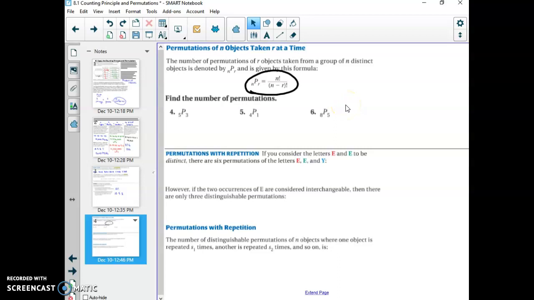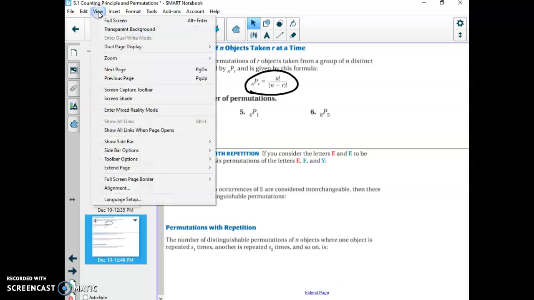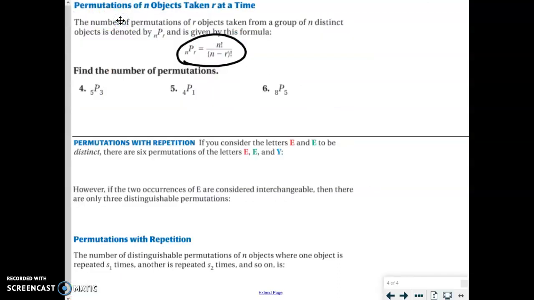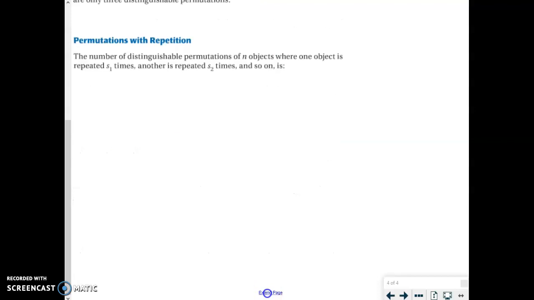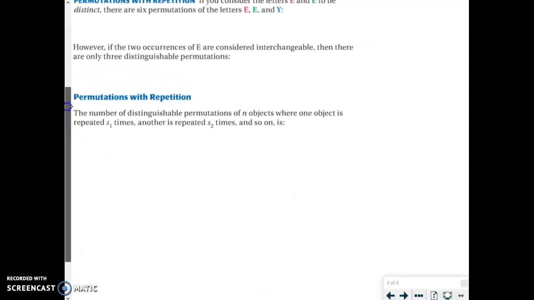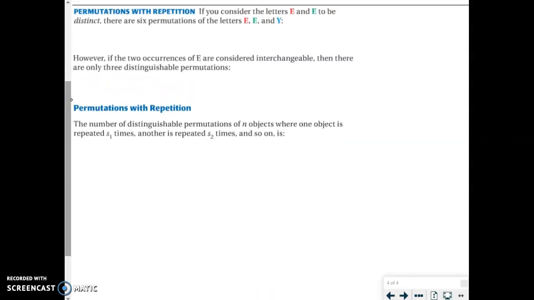The last one I'd like to talk about is anytime you have repetition, okay? So with repetition, what we have to take into account is, very simply, how many repetitions do we have? So if you take a look at the letters red E and green E and put it in with Y, there are 6 permutations that you could have there because you change red and you change green around and you have a new order.